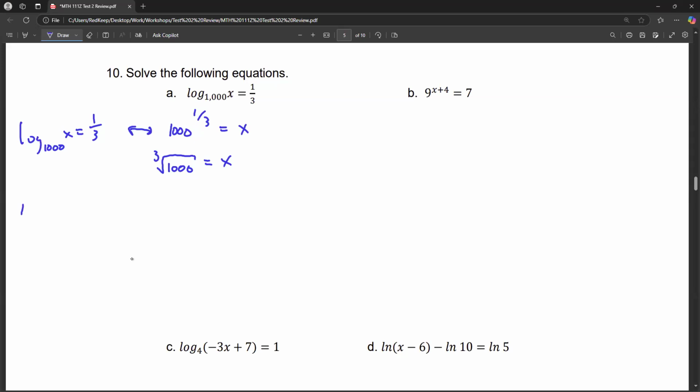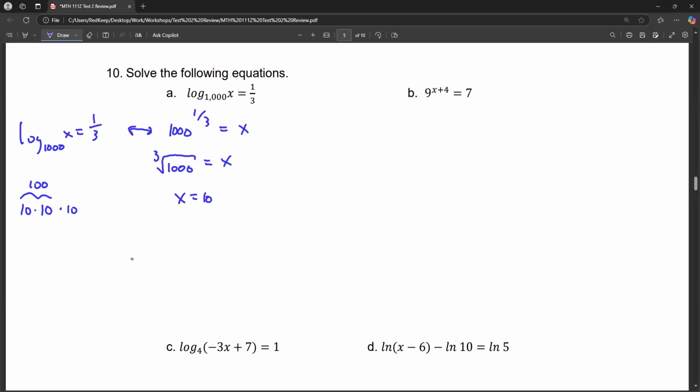If you know your powers of 10, you might know that 10 times 10 is equal to 100, right? And so if I had 10 100s, I would have 1,000. So 10 times 10 times 10 is equal to 1,000. So 10 is the number I can multiply by itself 3 times to equal 1,000. So here, x is equal to 10.